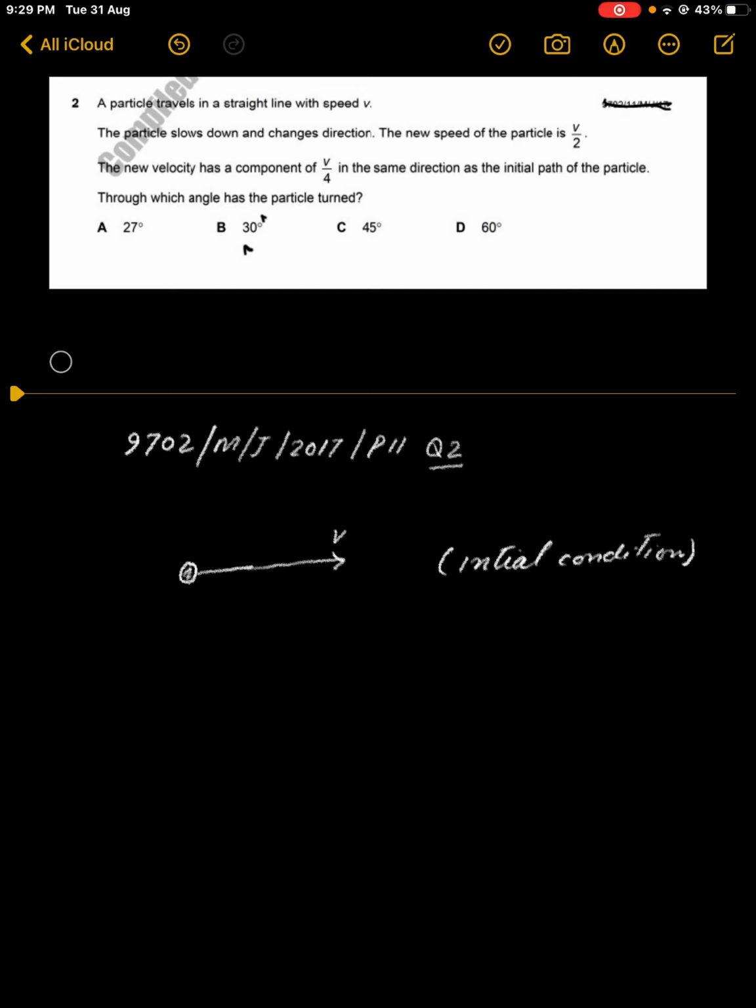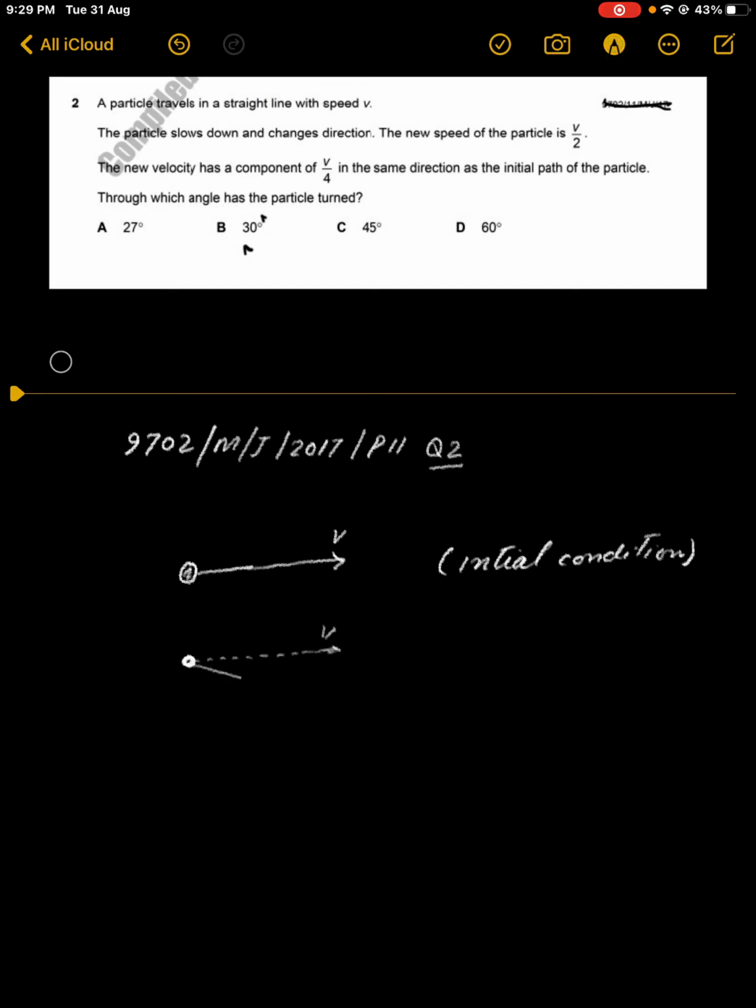So what is the next condition? The examiner mentioned in the second line that the particle slows down and changes its direction. Obviously this is the position of the particle, and this is the speed v, because we need to find at which angle the particle changes its direction.